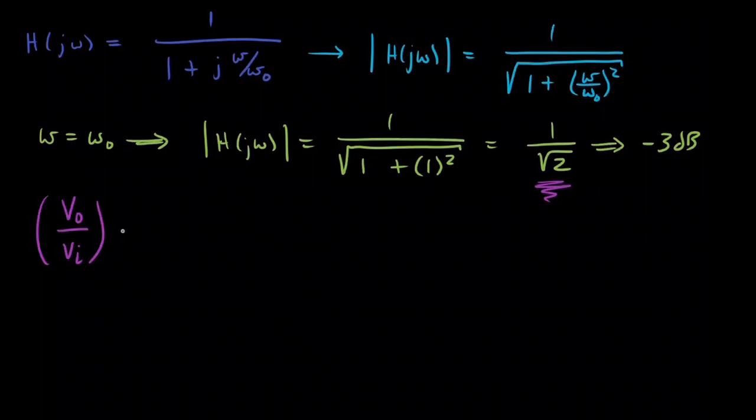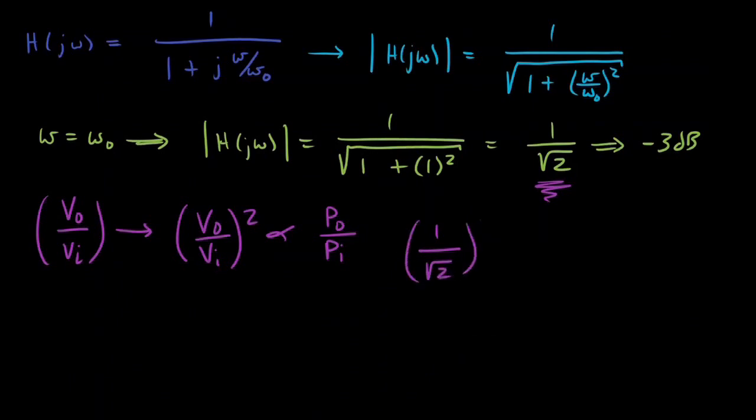And we know that V out over V in, quantity squared, is proportional to power out over power in, right? So if we take 1 over the square root of 2, quantity squared, that's going to be 1/2, which equals P out over P in.